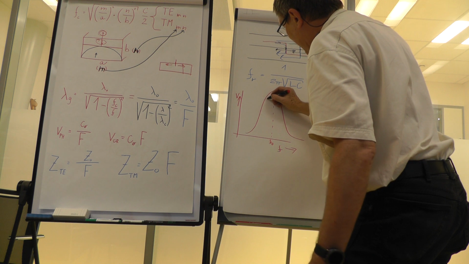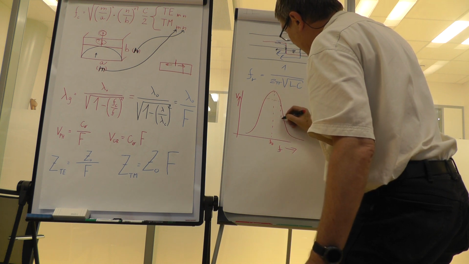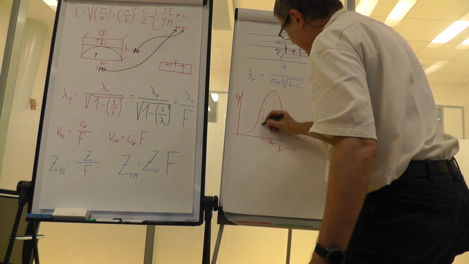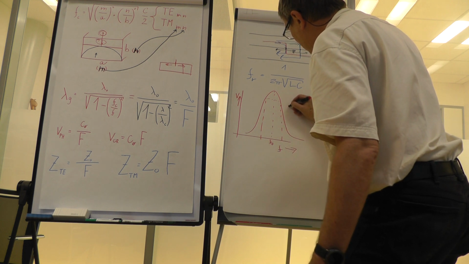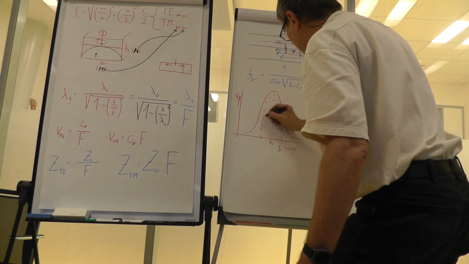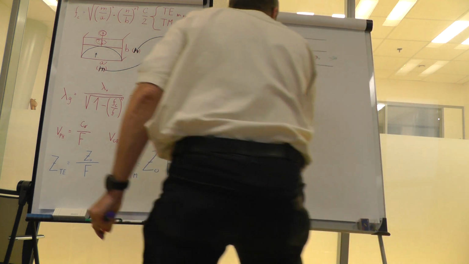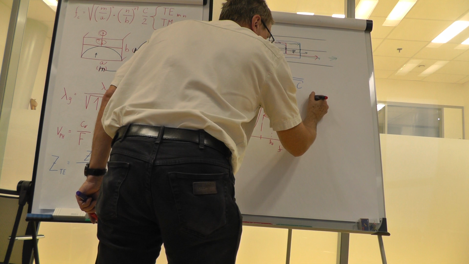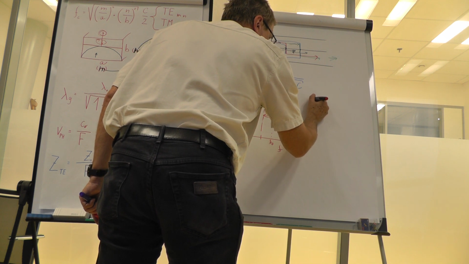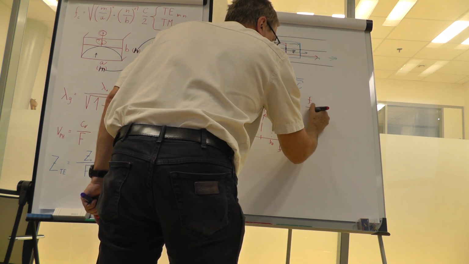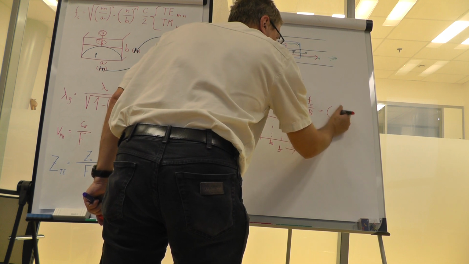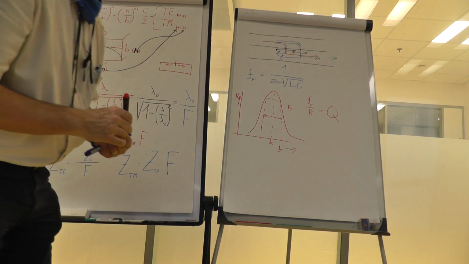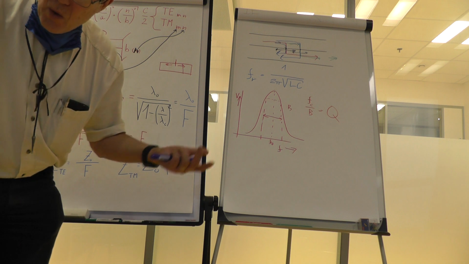And we know that the quality factor of that circuit is given by the bandwidth B. So if we divide the critical frequency by the bandwidth, we get the quality factor.